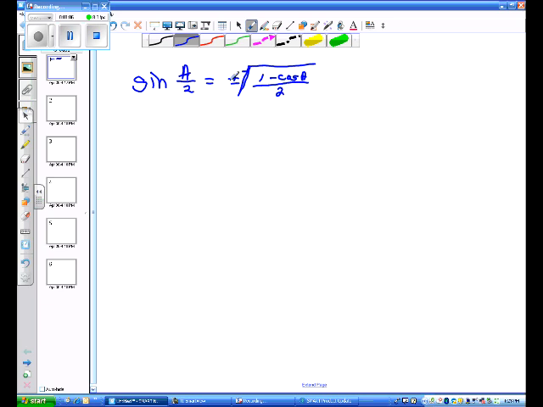Now, we'll go through and figure out how to know when you put the plus or the minus, and whatever angle is here in your numerator is the angle that we're going to use here.